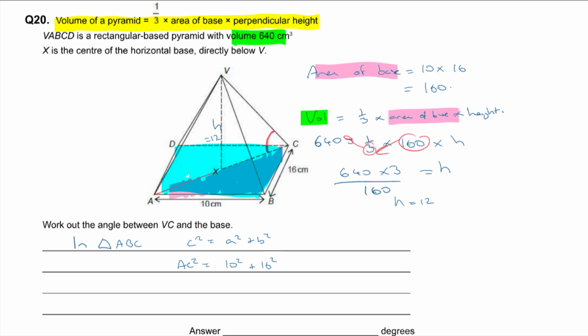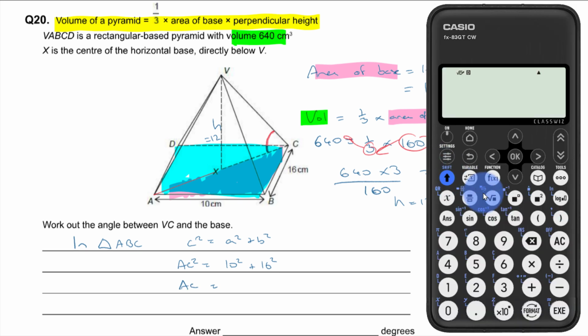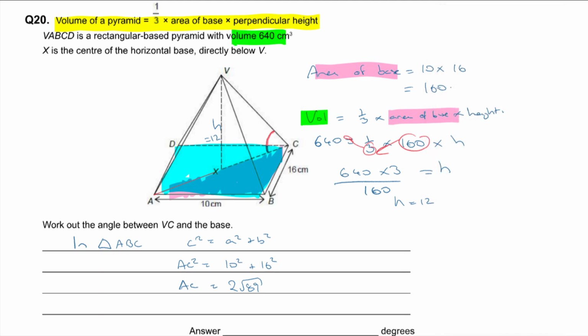So AC is going to be the square root of 10 squared plus 16 squared. I make that 2 lots of root 89. Okay, I'm just going to leave it in root form for now.